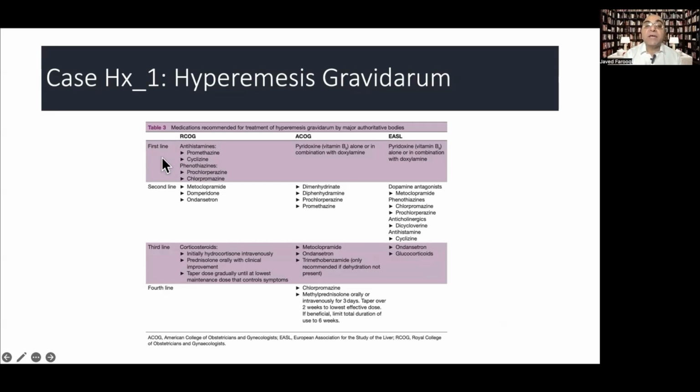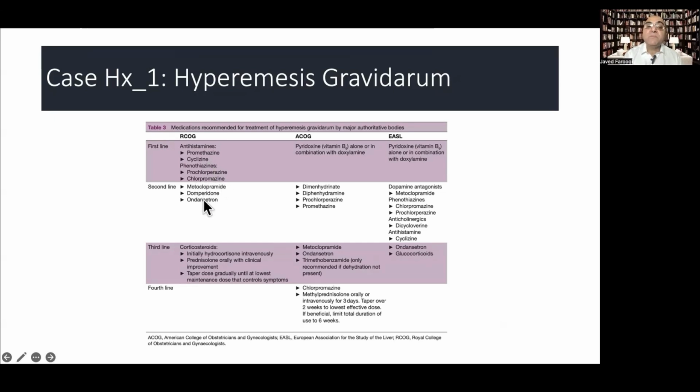As first line, according to RCOG, antihistamines, which include promethazine and cyclizine, then phenothiazines, which include prochlorperazine and chlorpromazine.